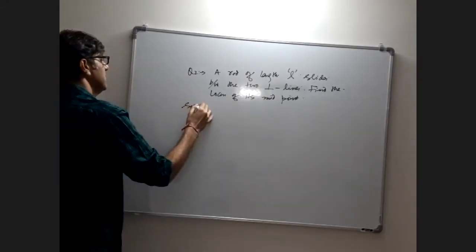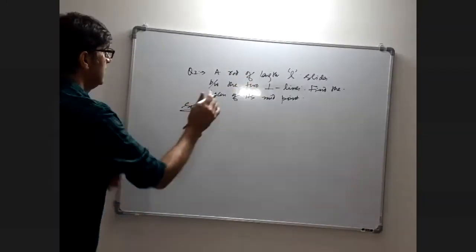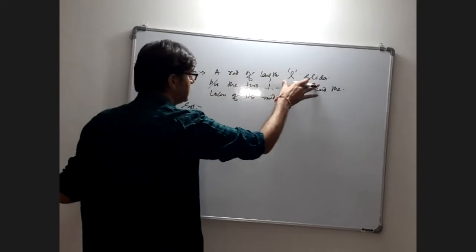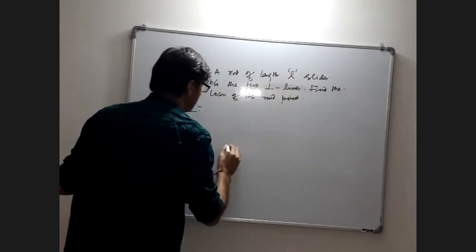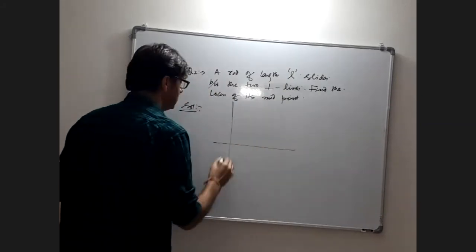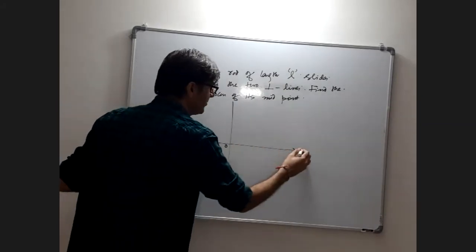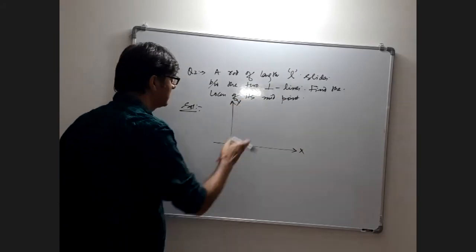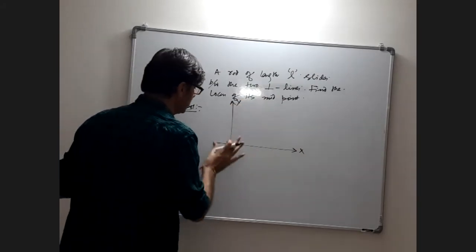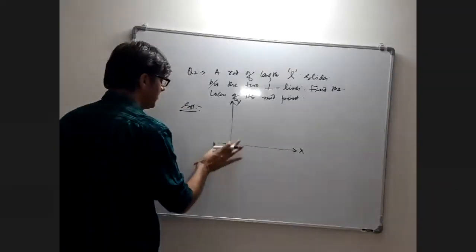So how can we do it? Very simple question. A rod of length L slides with its ends between the two perpendicular lines. What will be the better choice of two perpendicular lines than the x and y axis, in the first quadrant, because this is always going to be the simplest proposition.